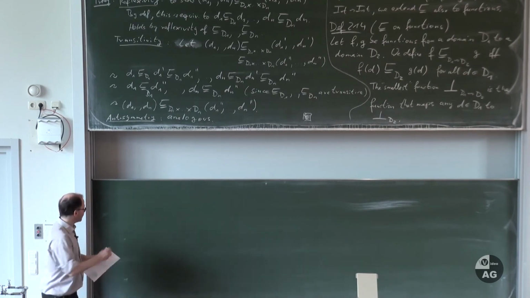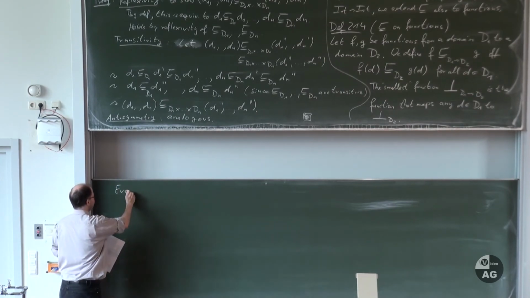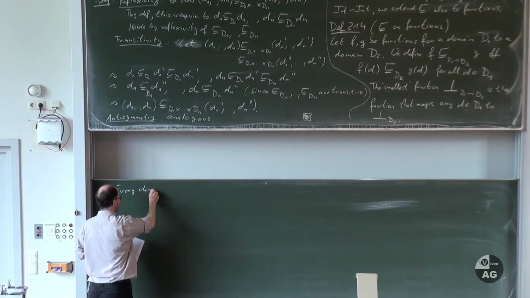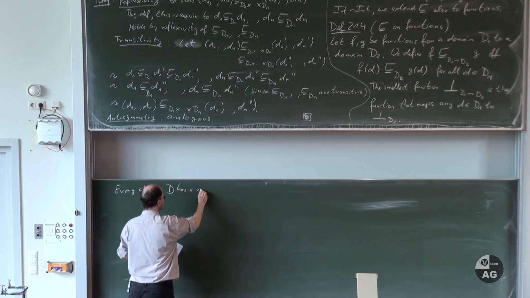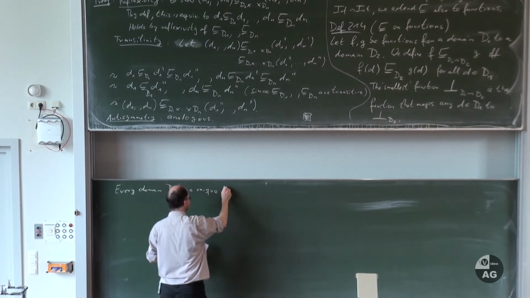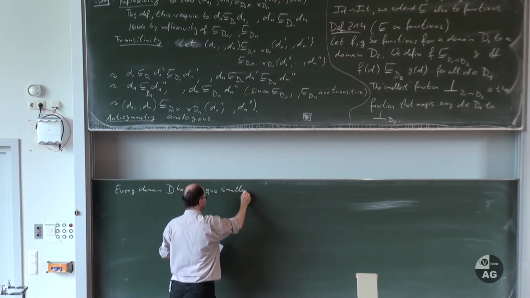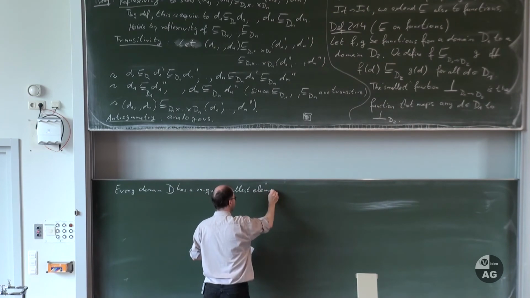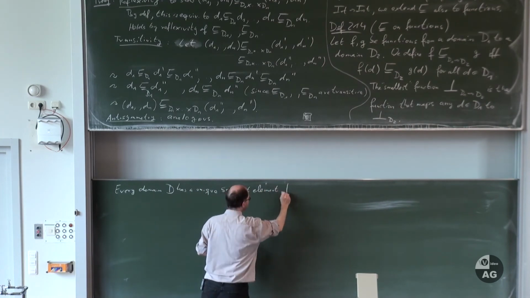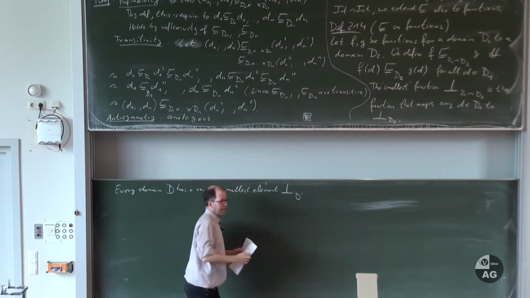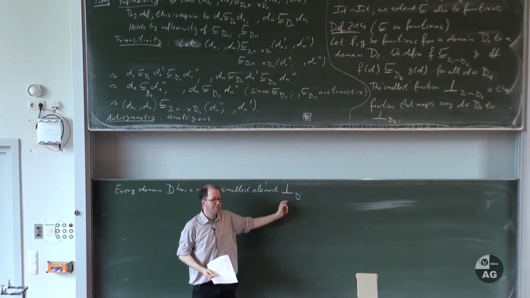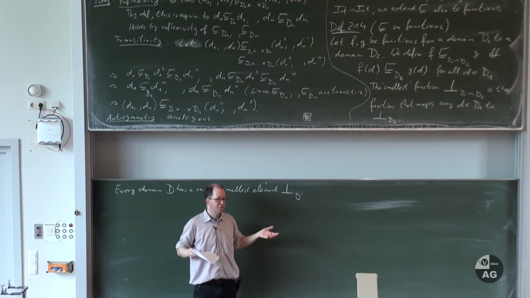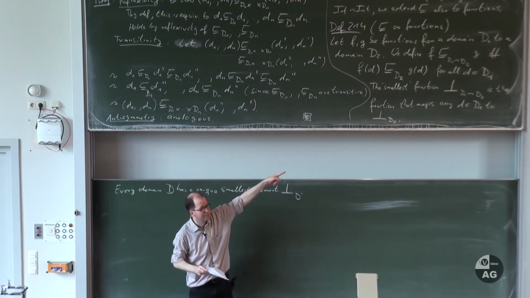So every domain D has a unique smallest element, which we denote by bottom index D. And so for the integers, it's bottom, z bottom, and so on. If we have tuples, it's the tuple with all these bottoms, and if we have functions, it's this function.